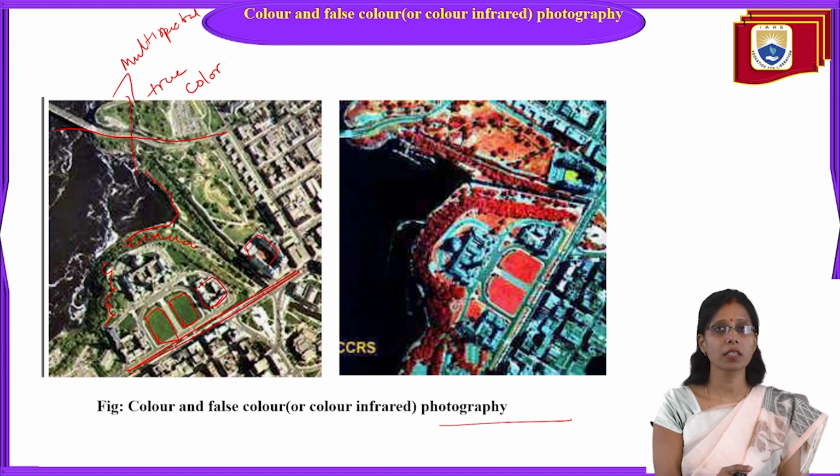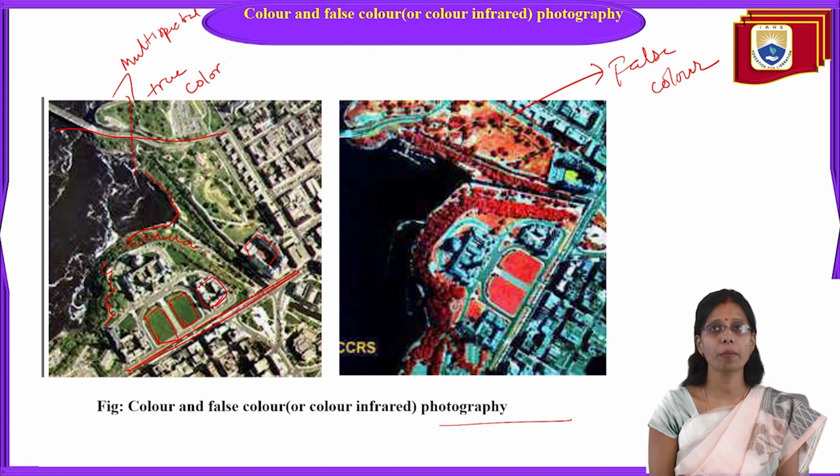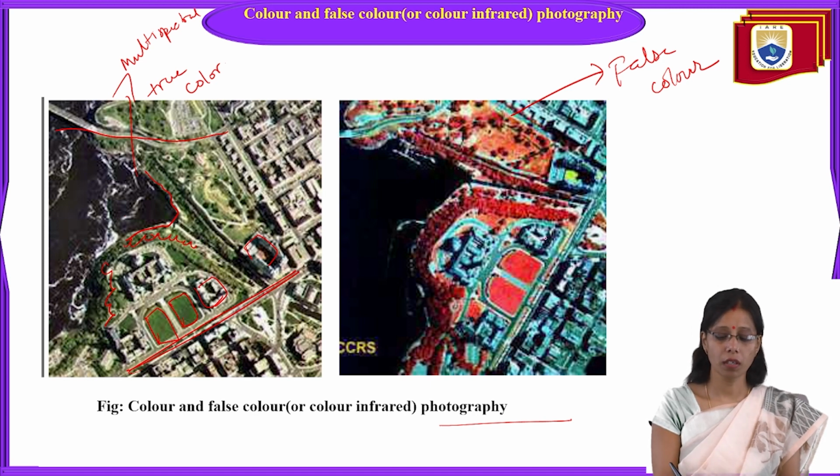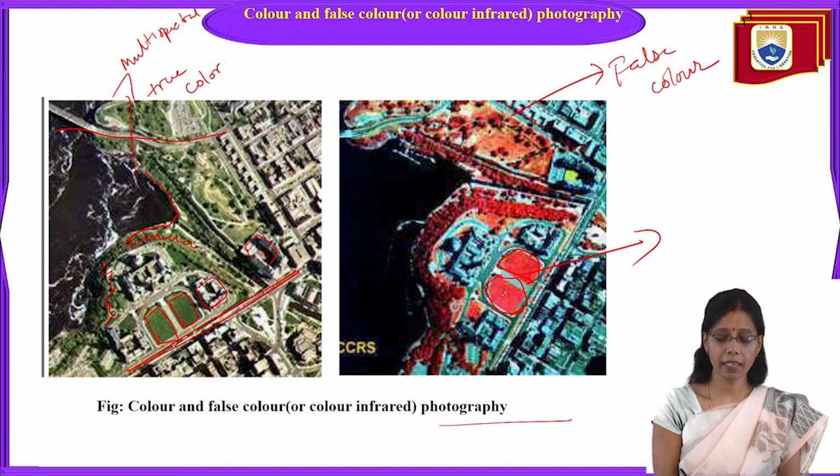So the same picture when it goes to false color. What is false color? False color means the image will not have the same color appearance, it will have other colors. Here we have the field; the same field you can see is in green color, but here it is red in color.